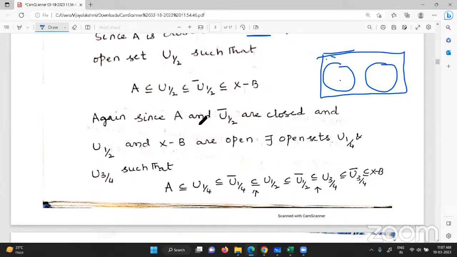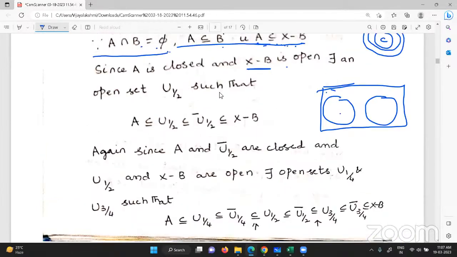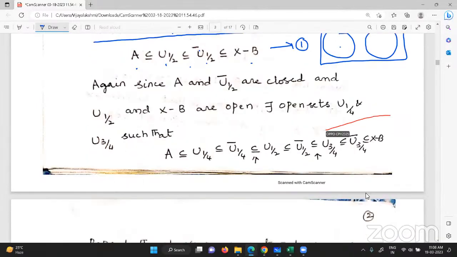So since A is closed and X minus B is open, there exists an open set U half such that A is a subset of U1 by 2, which is a subset of U bar 1 by 2, which is a subset of X minus B. The same concept applies repeatedly because we are going to insert dyadic numbers.